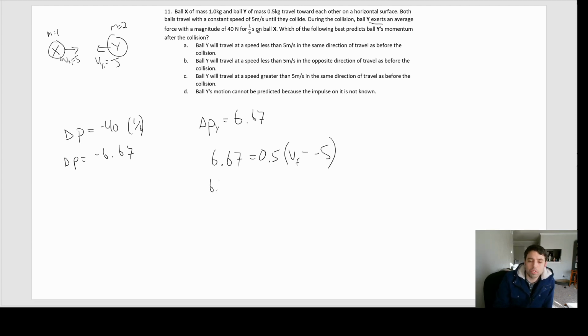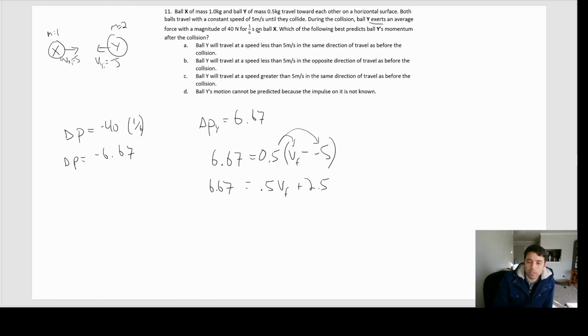So it's going to be 6.67 equals 0.5 VF plus 2.5, because I'm just distributing the half: half times VF, and then minus a negative is positive, so half of 5 is 2.5.